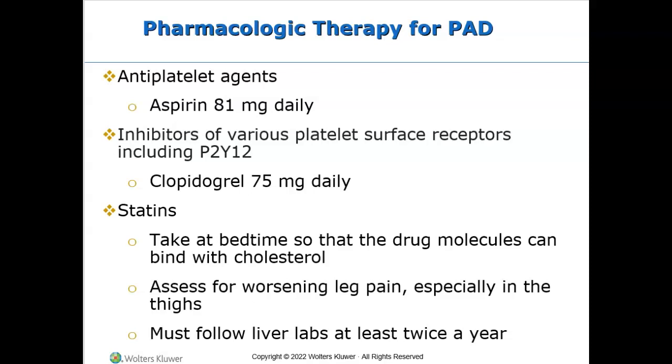It blocks the enzyme needed to make cholesterol. So you're thinning out the blood and you're blocking the ability to make cholesterol. They should be taken at bedtime so that the drug molecules can bind to these enzymes, which are more active at night. We should assess for worsening leg pain, especially in the thighs. It's important, too, that we do liver labs at least twice a year.